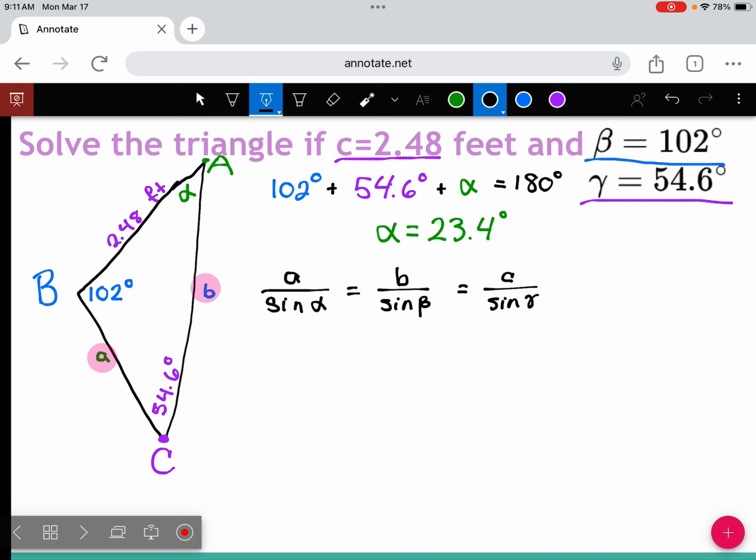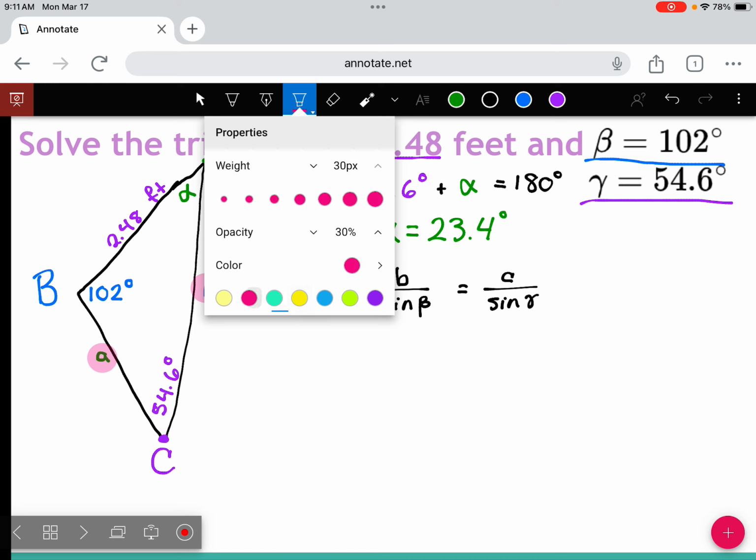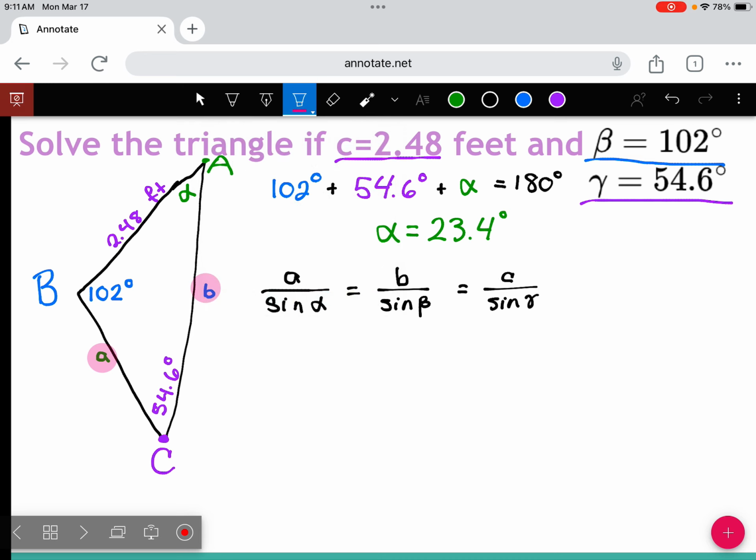So, which ones should we start with? Alpha and beta. Which one do we need to for sure use? Alpha. Which one do we know both pieces of? Gamma. We know side C and angle gamma. So that means I know this whole fraction.